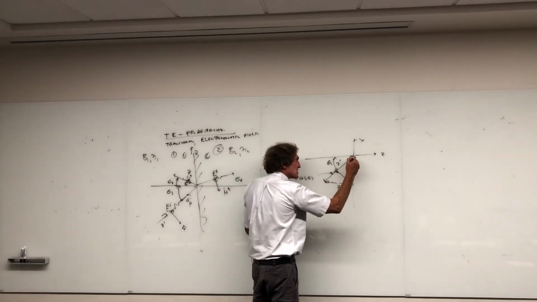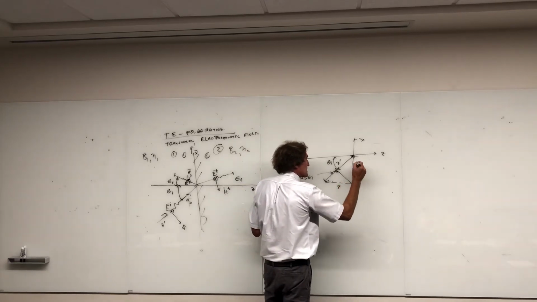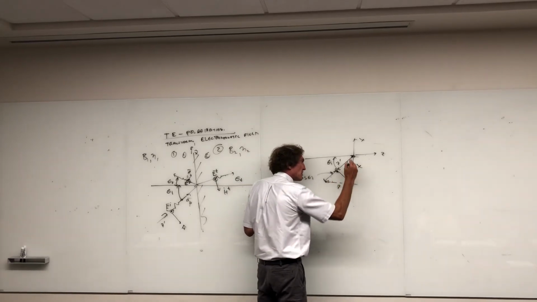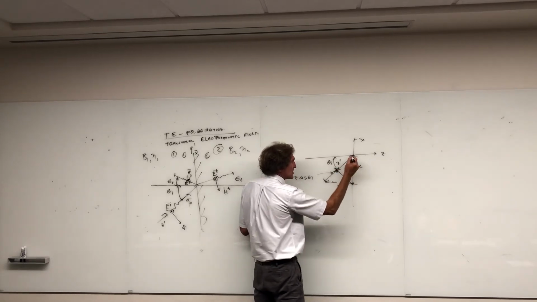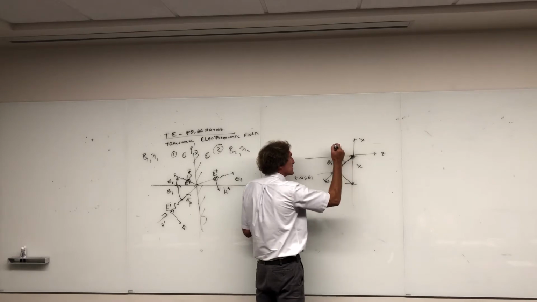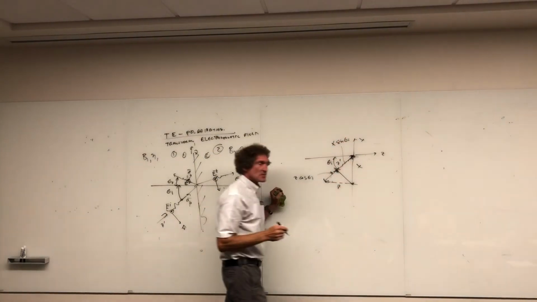Now this distance here, well, if you look at that, that is X, right? From here to here. So this distance right here is going to be X times the sine of theta incident. Can you all see that?